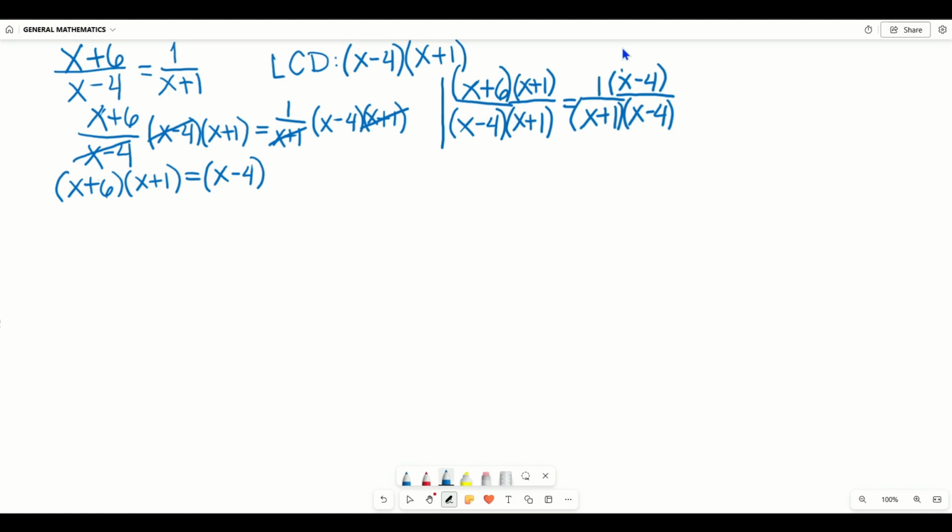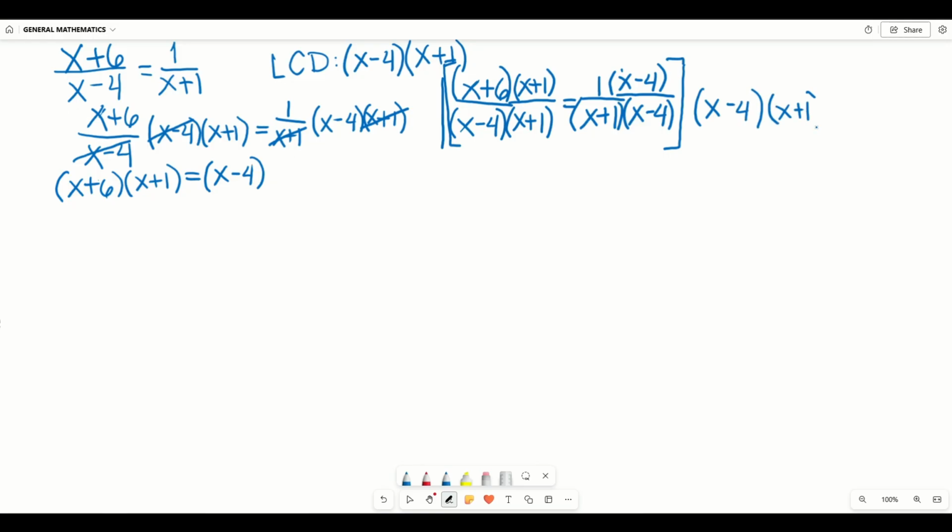And then, once you're done, for us to eliminate the denominator, we need to multiply the whole equation with the LCD, which is x minus 4 times x plus 1.